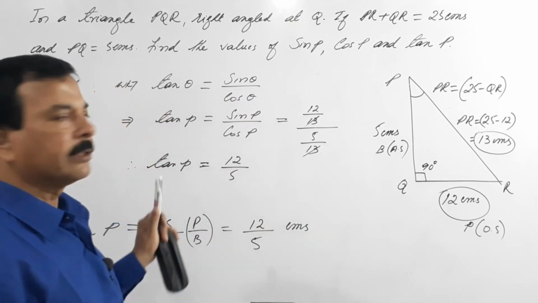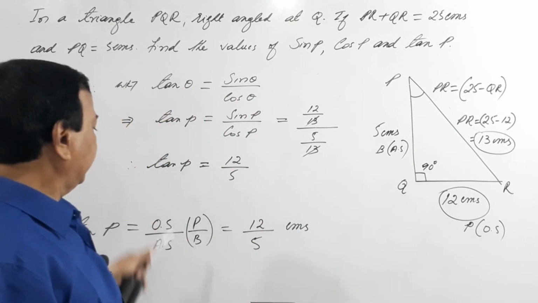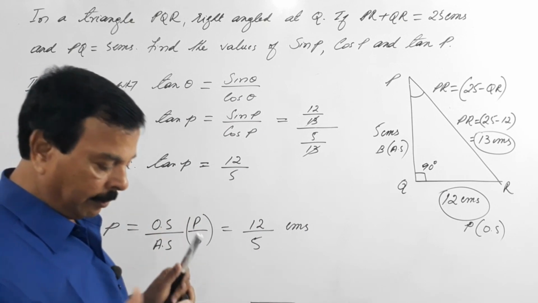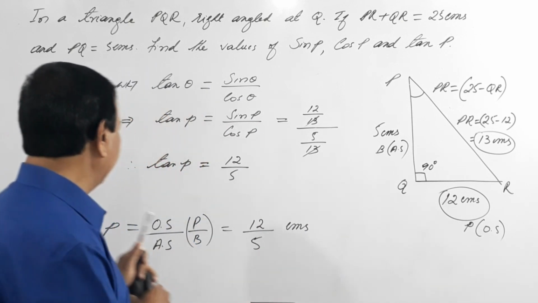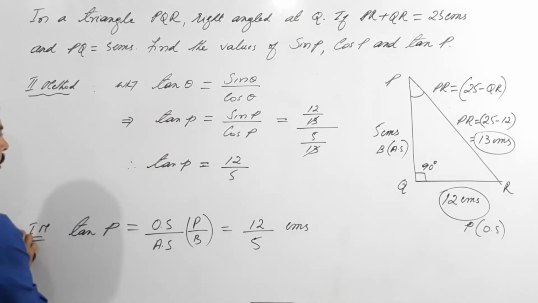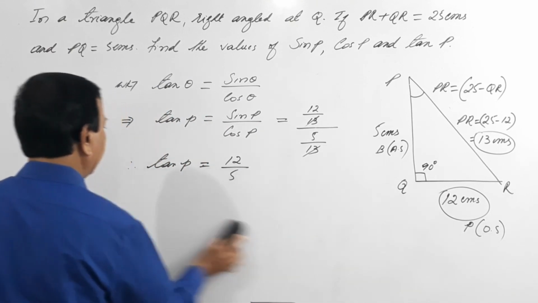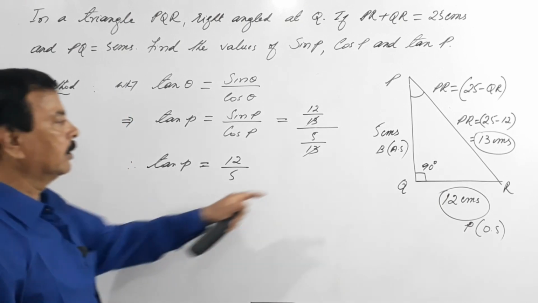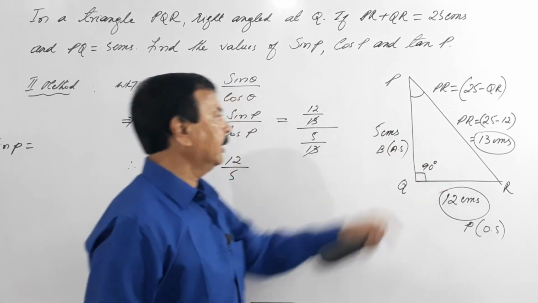Now having done this, we have done sine, tan, cos, everything. Now we'll go one step away out of our syllabus and try to find other ratios. Now we have got this tan. Out of sine theta, sine P was opposite 12 by 13.